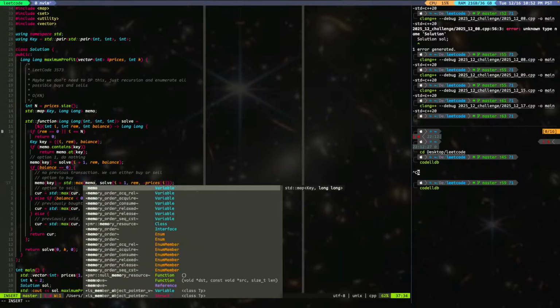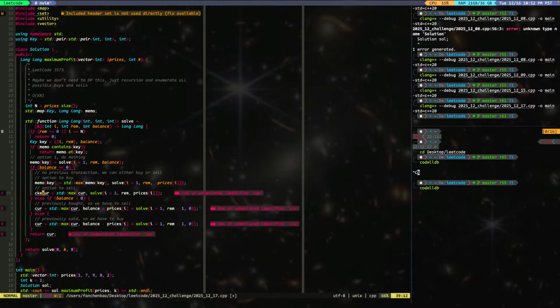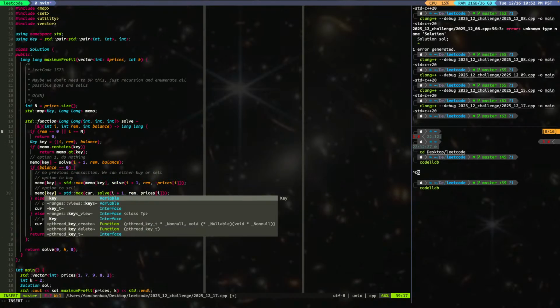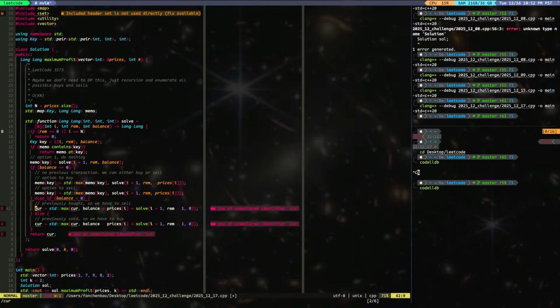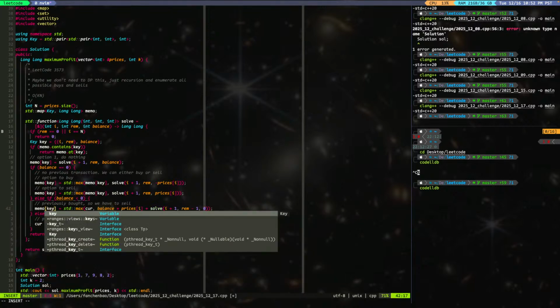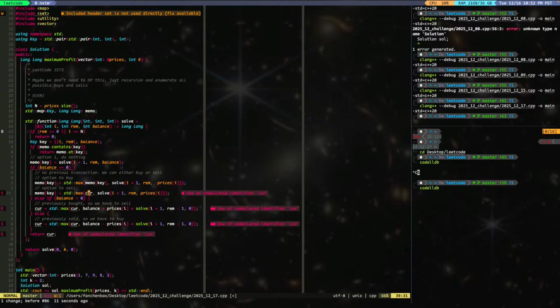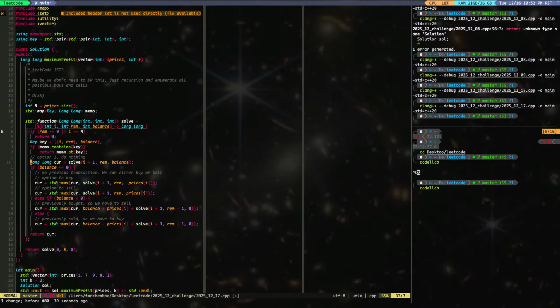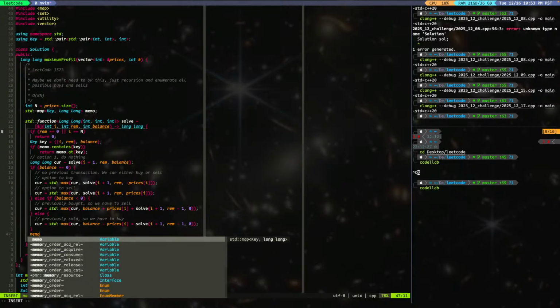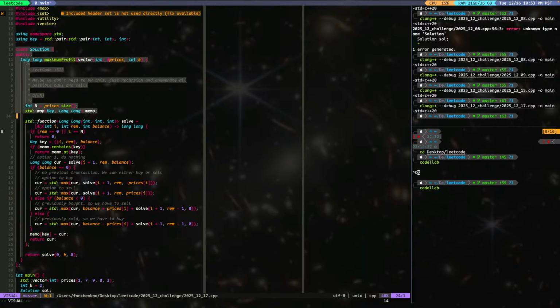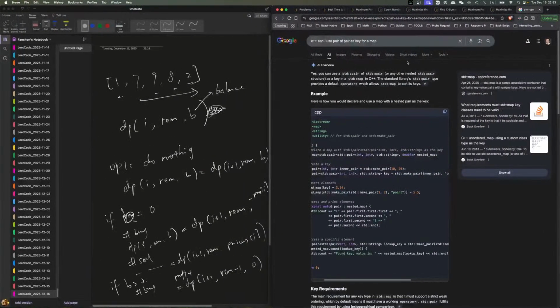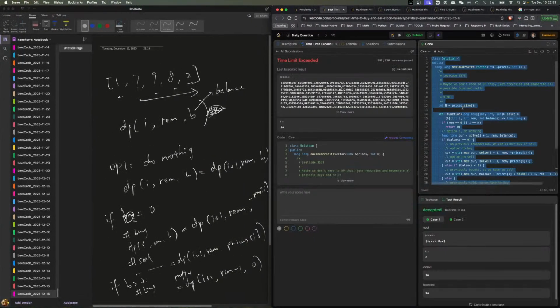Basically, all the current can be memo key. You know what? Screw this. Then we say memo key equal to current. Then we return this. Alright, let's see if this one works.